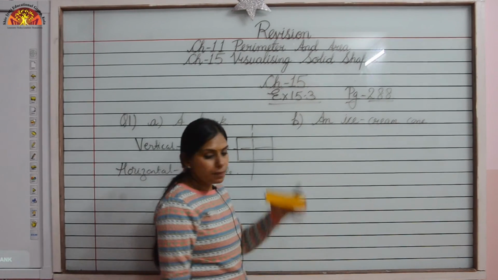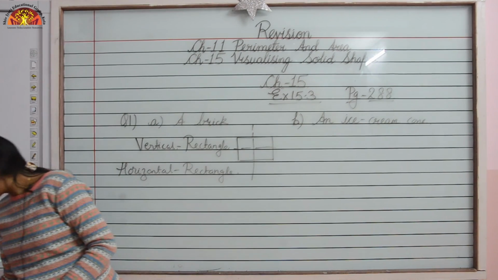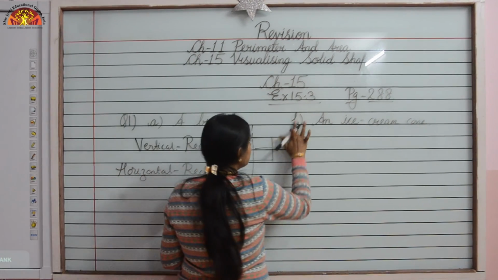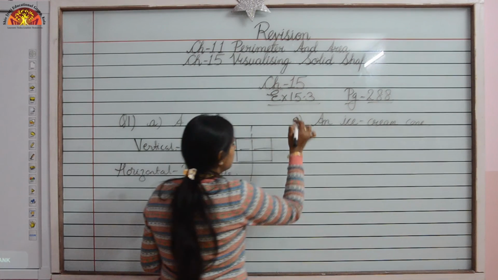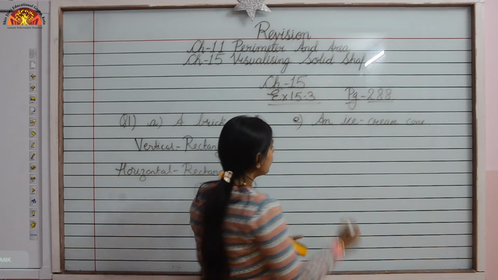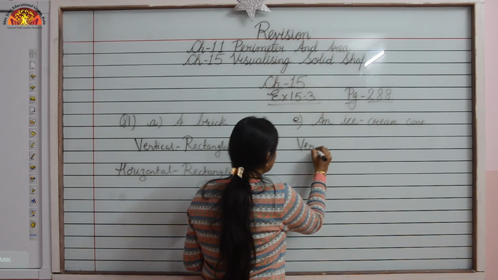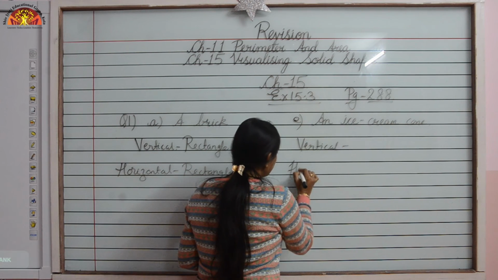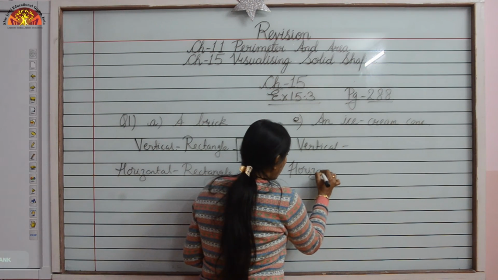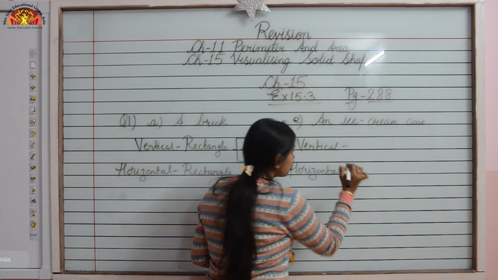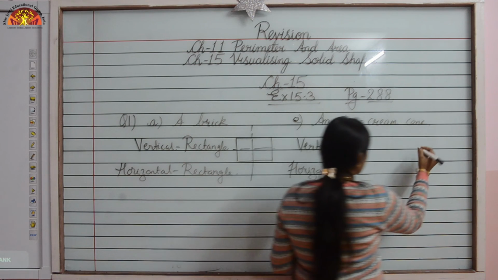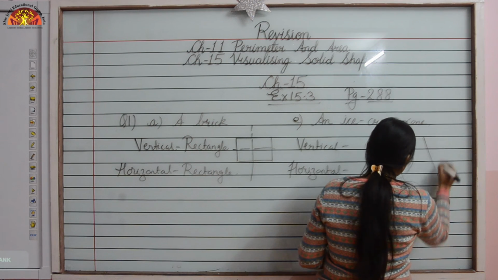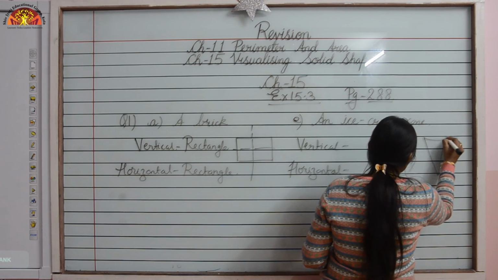Now just see the next part over here, that is the ice cream cone. It is part E. Now ice cream cone. So when you give a vertical cut and when you give a horizontal cut, what shape will you obtain? So just see, this is an ice cream cone, okay.